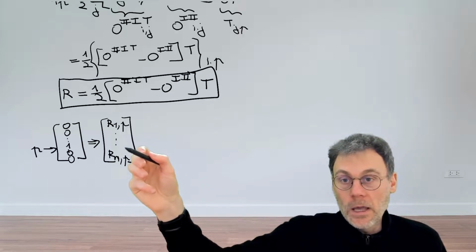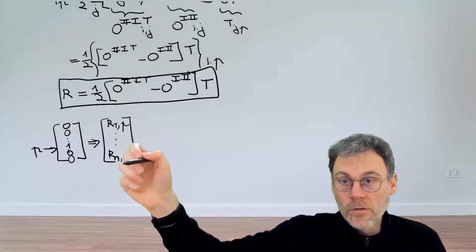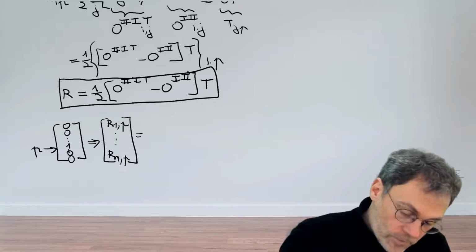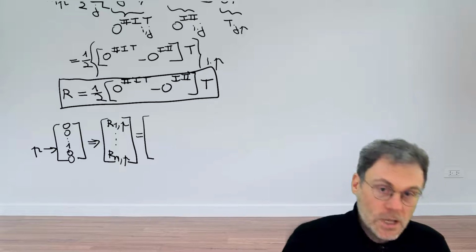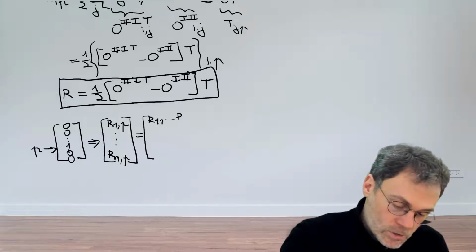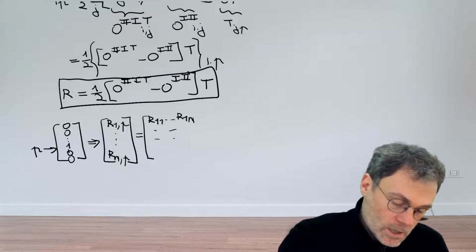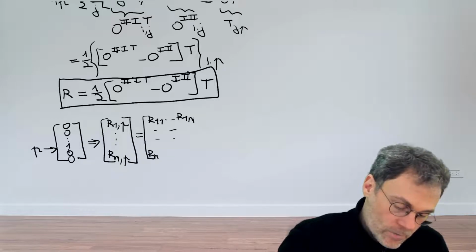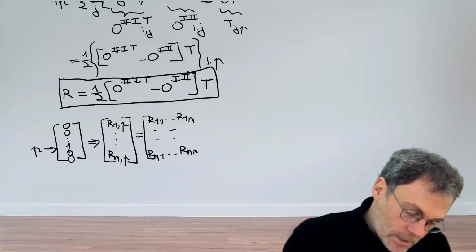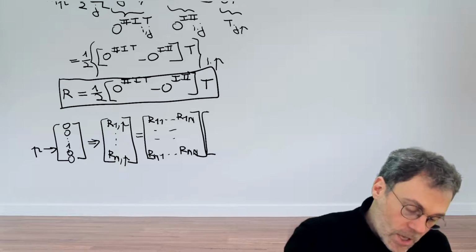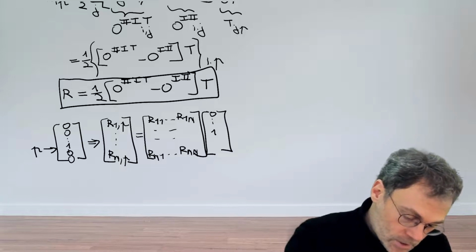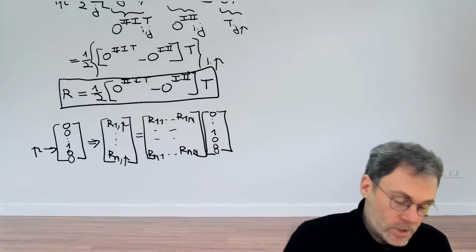Now, if you look at this guy over here and then the reflection matrix, as we've defined this, another way of arriving at the same values is by taking our reflection matrix, which is a matrix as follows. So we have R1n, and then here for the nth row we have Rn1, and then Rnn. So you can get the same values by, in essence, multiplying it with the column vector that describes the incident field.